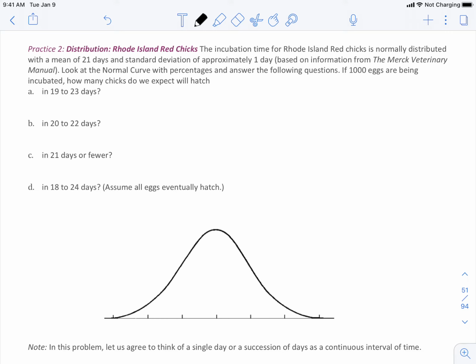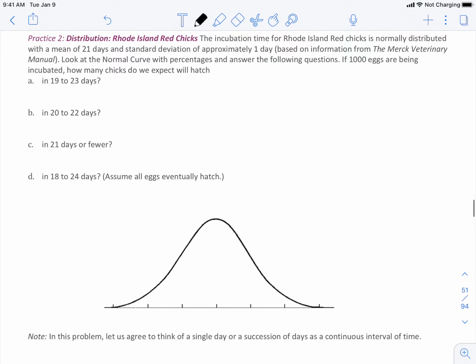So we need to create this normal curve. So again, we have this is our mean, and then mu plus sigma, mu plus 2 sigma, mu plus 3 sigma, mu minus sigma, mu minus 2 sigma, mu minus 3 sigma. It says here our mean is 21 days, so 21 goes under mu.